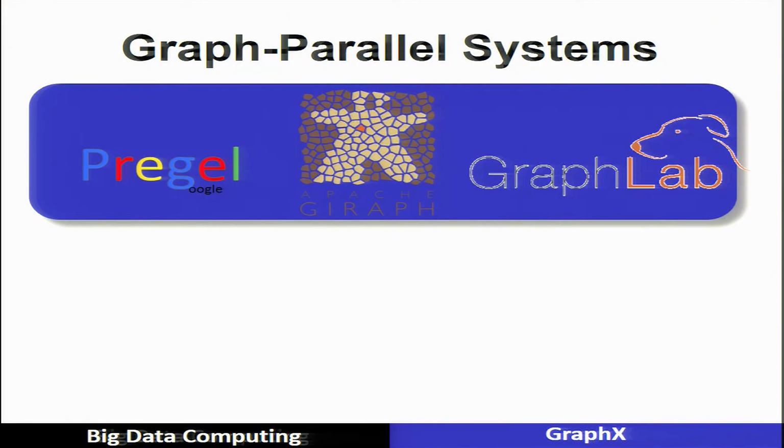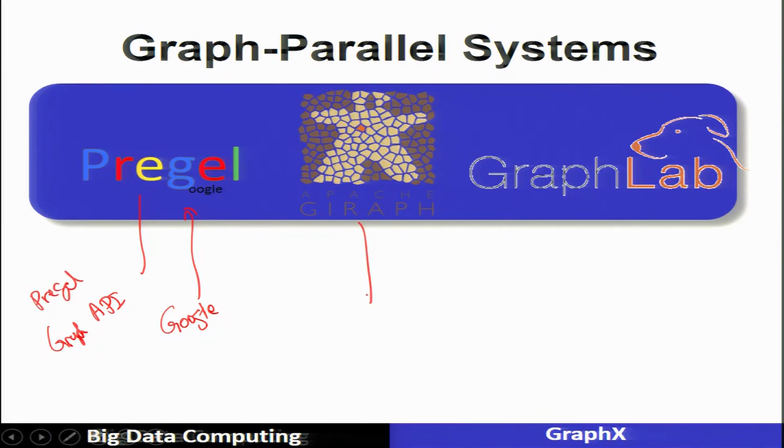Graph parallel systems available as of date include the one given by Google, in the form of the Pregel APIs, that is called Pregel.